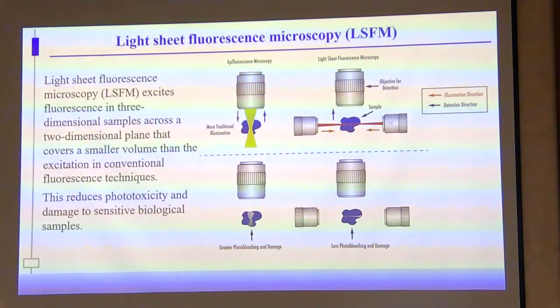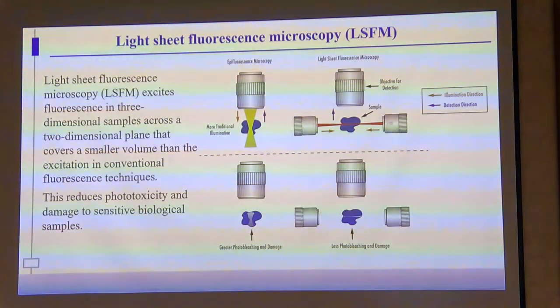Here is a comparison between fluorescence microscopy and light sheet fluorescence microscopy. In the first case you can see that the light is coming from top to bottom, am I right? But here it's passing from left to right. Here you can see the direction of illumination and the direction of detection.